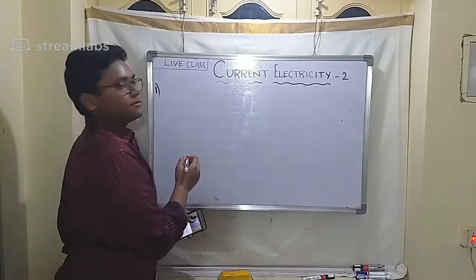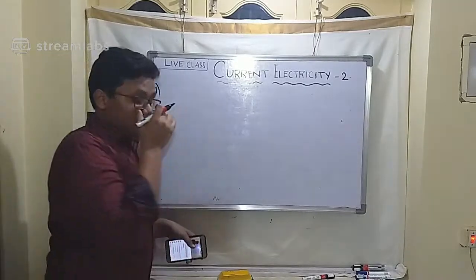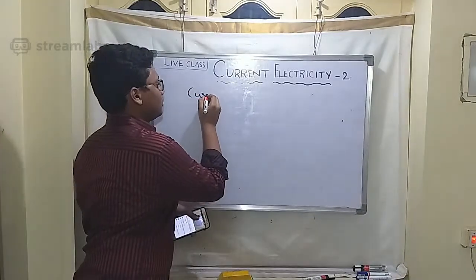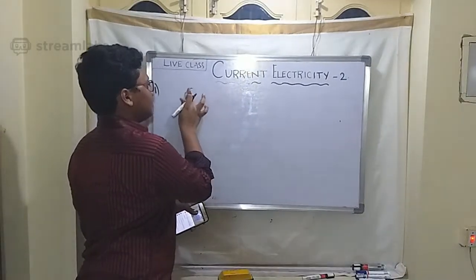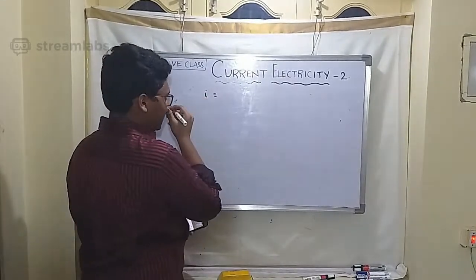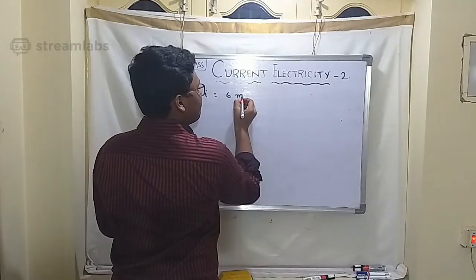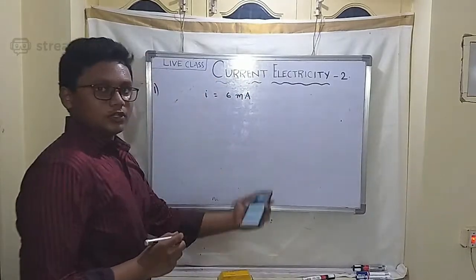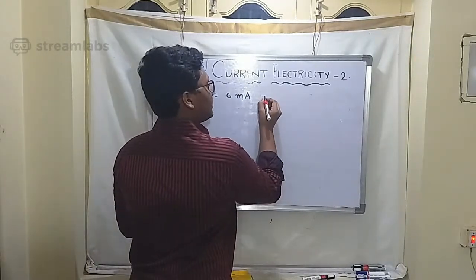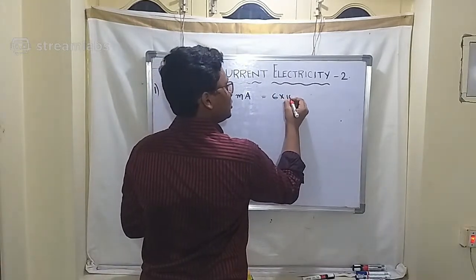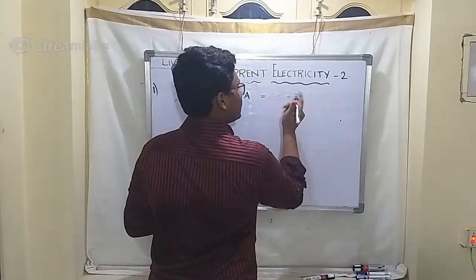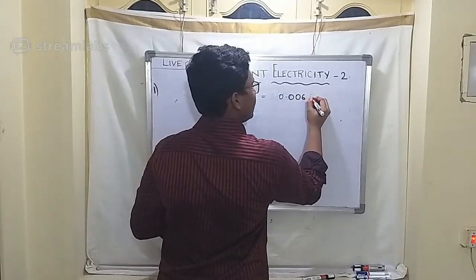See, current density. A problem on it: the current flowing in a conductor, I, is equal to 6 milliampere. I forgot the units; milliamperes, microamperes, those are there. 6 milliampere is 0.006 ampere, which is 6 into 10 to the power of minus 3 ampere.